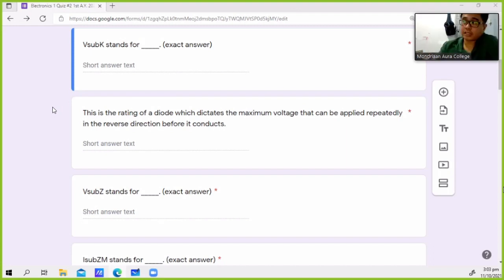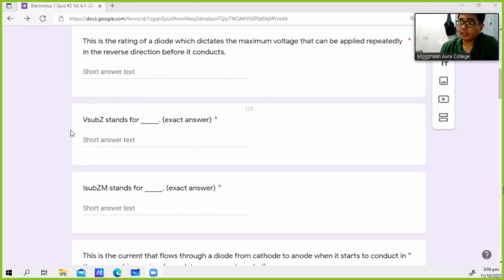So mamaya, I will discuss it by utilizing the half-wave rectifier para makalculate natin yung PIV or yung PRRV na tinatawag. So it's called the peak repetitive reverse voltage. Pwede rin namang PRV, peak reverse voltage. Pwede rin namang PIV, peak inverse voltage. So any of those 3 terms, pwede ditong sagot.